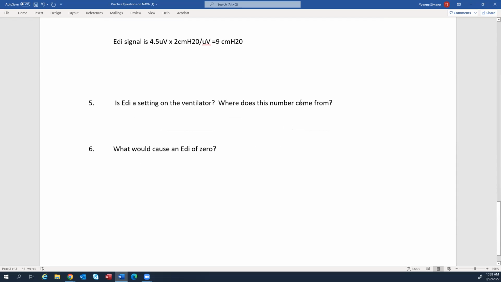Okay, number 5, is EDI a setting on the ventilator, and where does this number come from? So the EDI is not a setting. It is the electrical activity of the diaphragm.